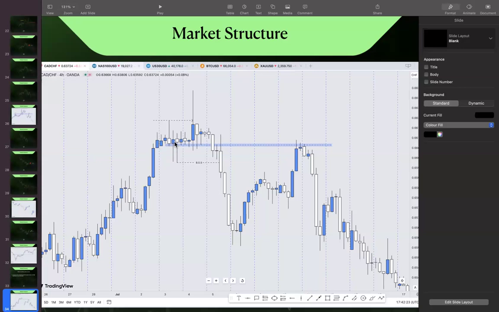So choppy, choppy, choppy, and that was our move to the upside. You can take this, but to be safe, we will go with this one over here. So we had this previous impulse, price went up, made a nice pullback, and from here, we created a new impulse. We first took out that previous high.